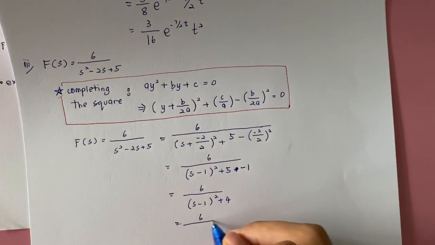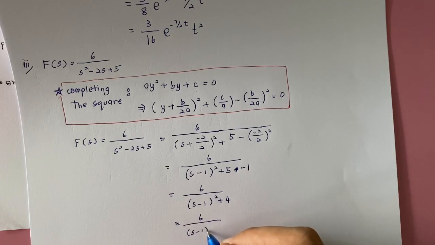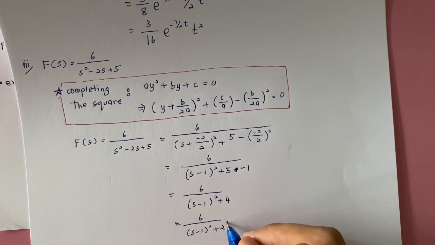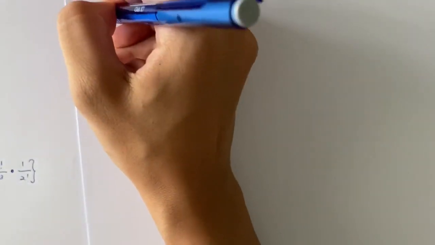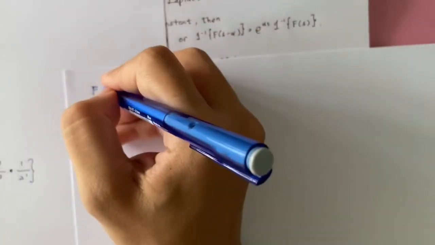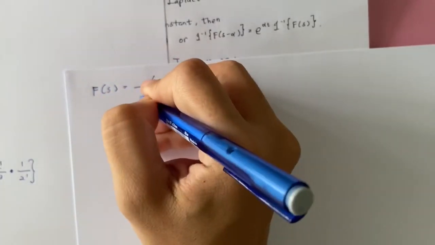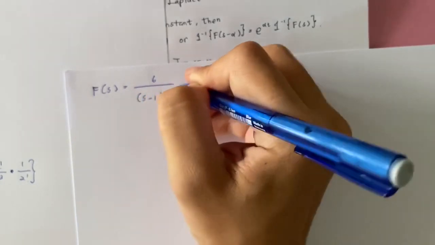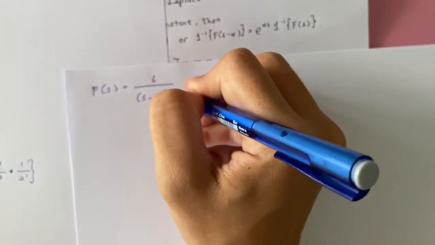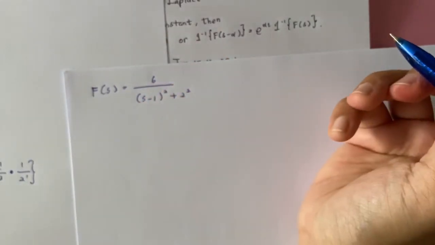You can write this as s minus 1 square plus 2 square. So now you have your F(s) equal to 6 over s minus 1 square plus 2 square.